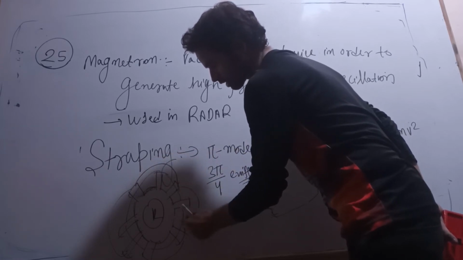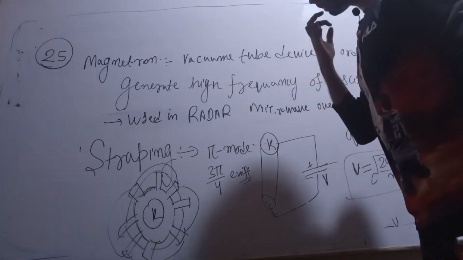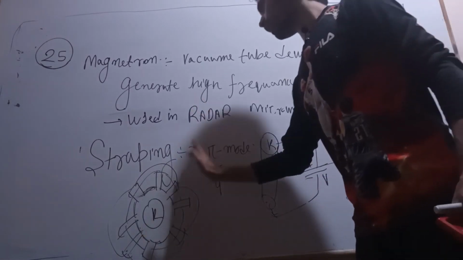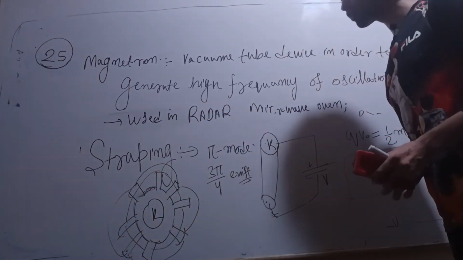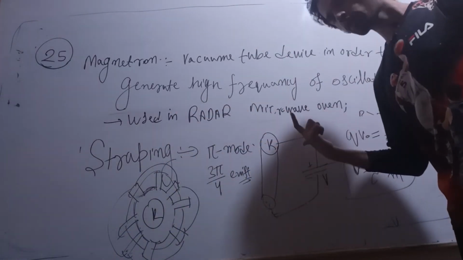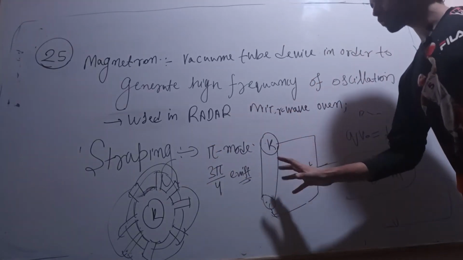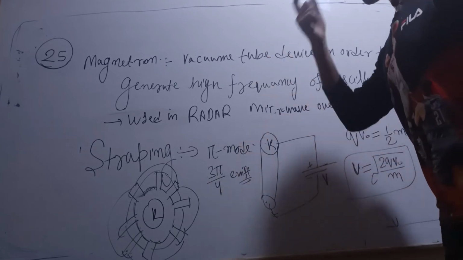There is an alternate connection. So strapping is nothing but alternate connections of cavities through wire, in order to maintain the pi mode, so that we are able to achieve the highest power.